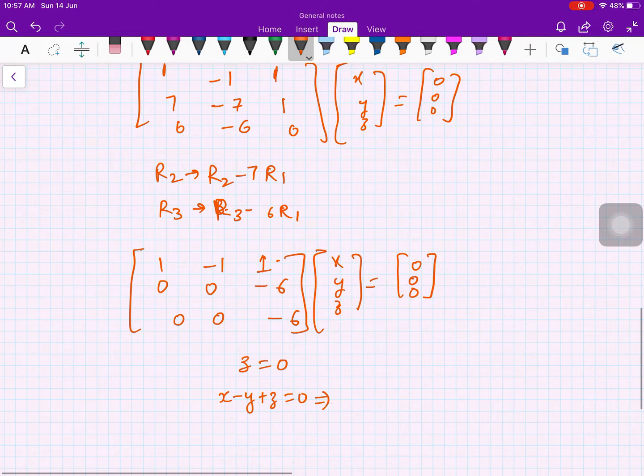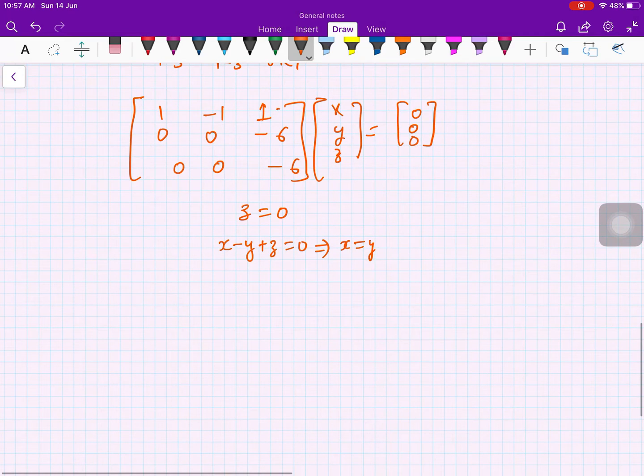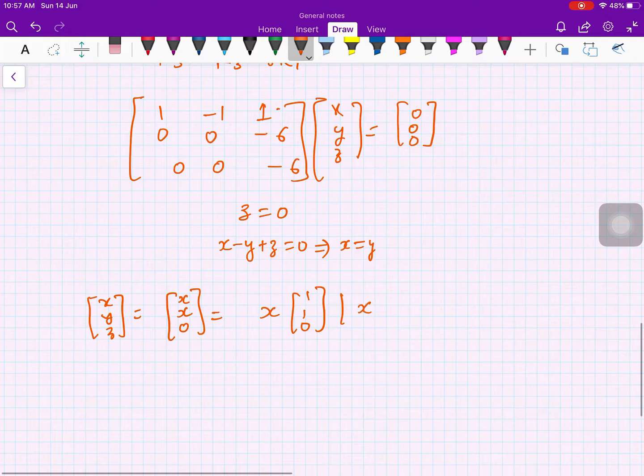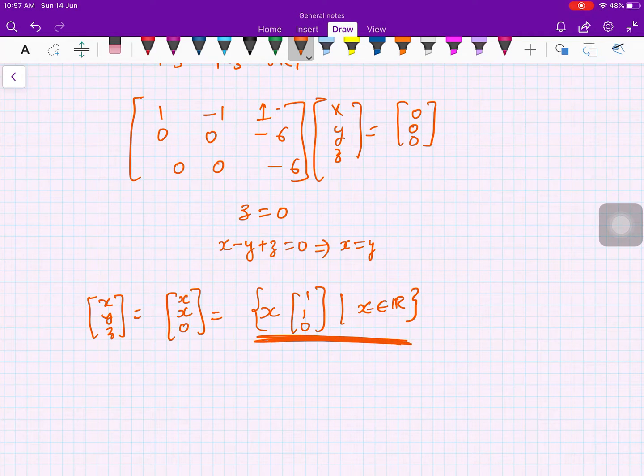Now you can do some modifications: R2 goes to R2 minus 7 times R1, and R3 goes to R3 minus 6 times R1. So you will get 0, 0, minus 6, 0, 0, minus 6, 1, minus 1, 1, times x, y, z equal to 0, 0, 0. So you will get z equal to 0, and x minus y plus z equal to 0, which implies x is equal to y. So your eigenvector looks like x, y, z equal to x, x, 0, so this is x times 1, 1, 0, where x belongs to R. So this is a subspace with dimension 1, because there is one linearly independent element generating it.